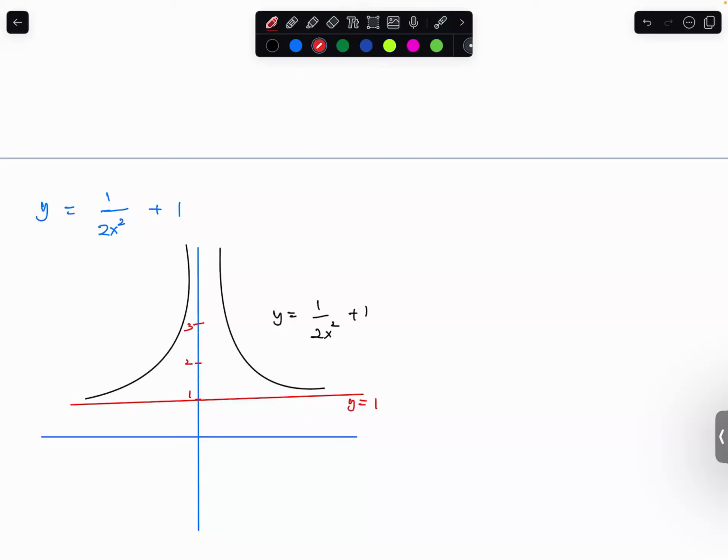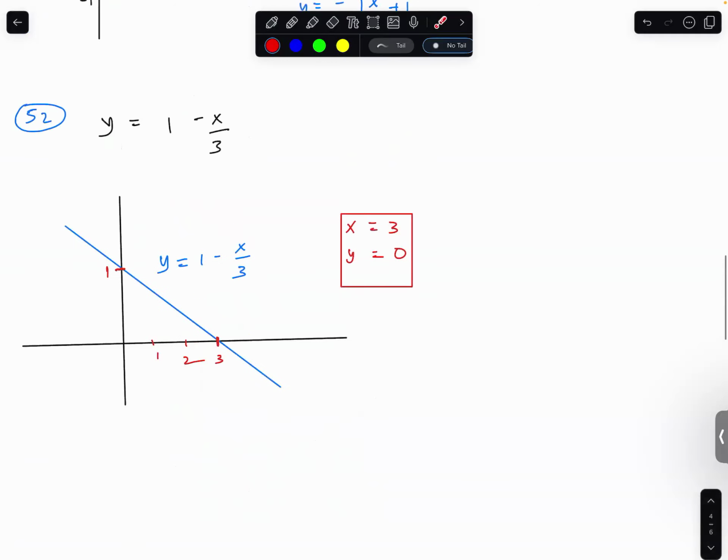So this is the graph of y equals 1 over 2x squared plus 1. We started with a basic graph of y equals 1 over 2x squared, and because we have this addition of 1, we move it 1 unit above on the y-axis.